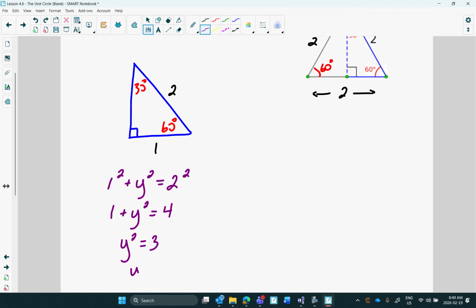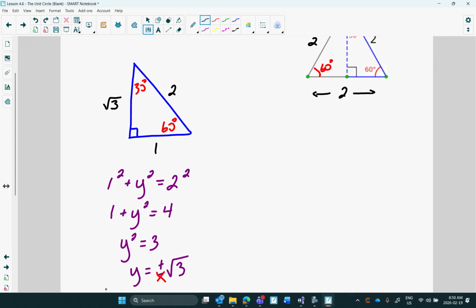Therefore, y is equal to plus or minus square root of 3. But we're dealing with positives right now, so we cross out the negative. So that means that this side is the square root of 3. We don't use a calculator because we want exact values.